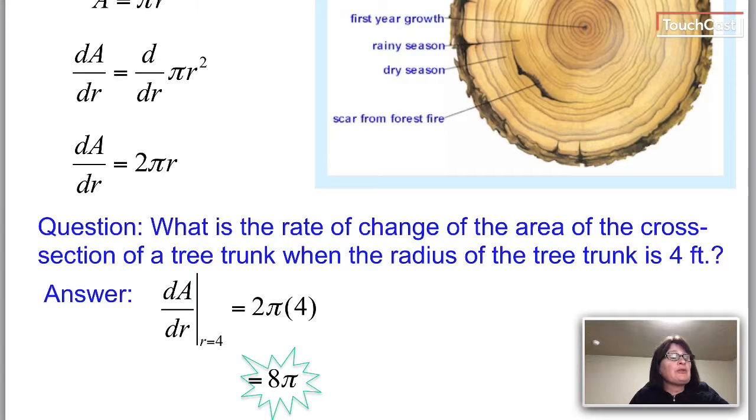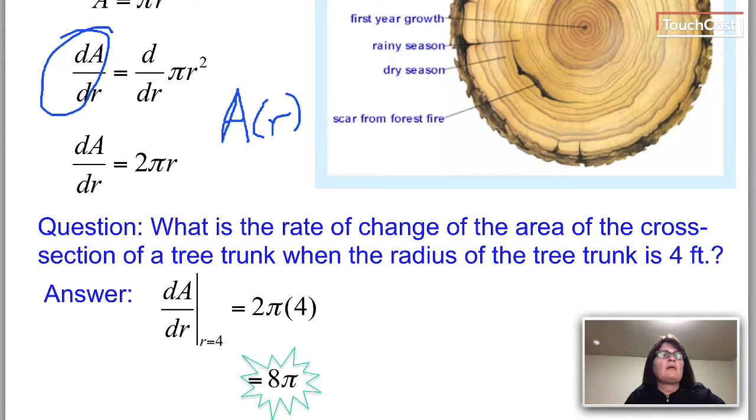So I want to show you this notation. I could have, instead of using this notation for the derivative, I could have just called my function A of r, and I would have said A prime of r is 2 pi r.